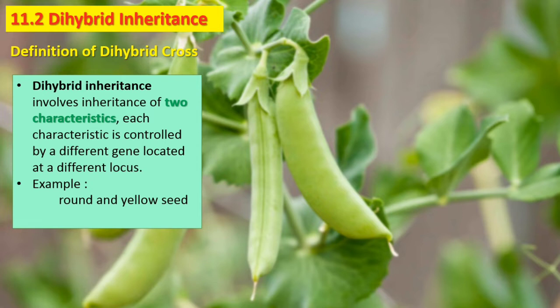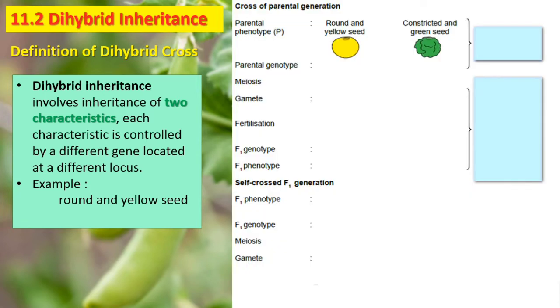So before this we have learned about monohybrid. Monohybrid inheritance involves one characteristic, so dihybrid inheritance involves two characteristics. So this is the example of the schematic diagram of dihybrid inheritance carried out by Mendel.